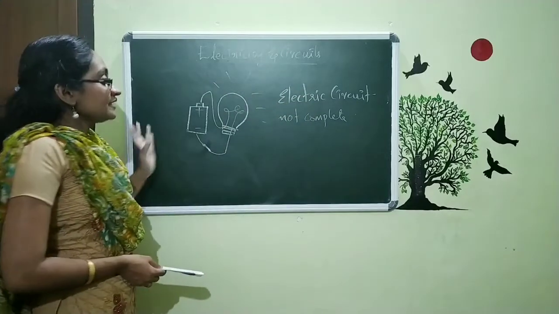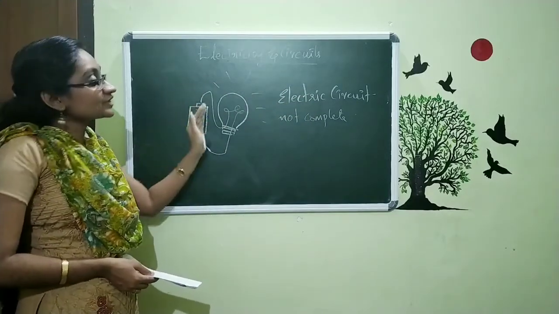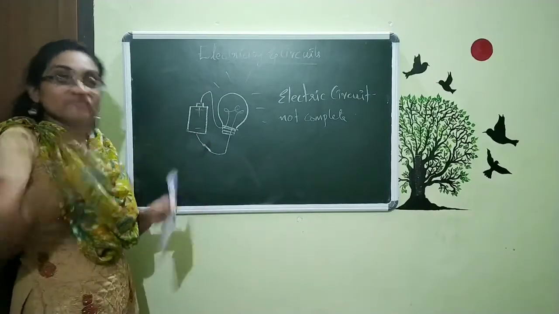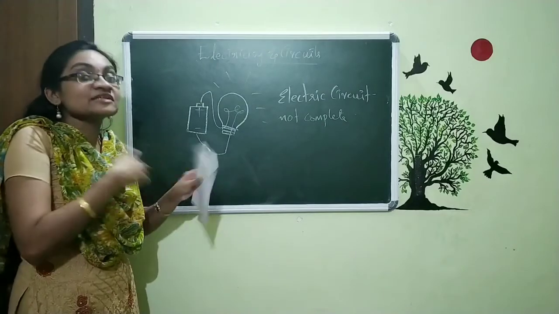And here we said that when the circuit is complete, then the bulb will glow, or the fan will rotate, or the mixer grinder will work.